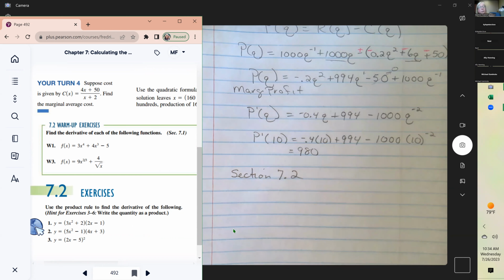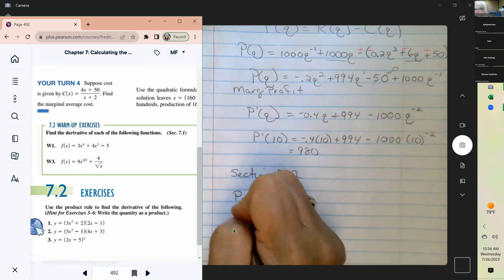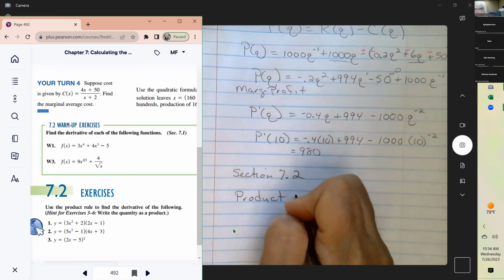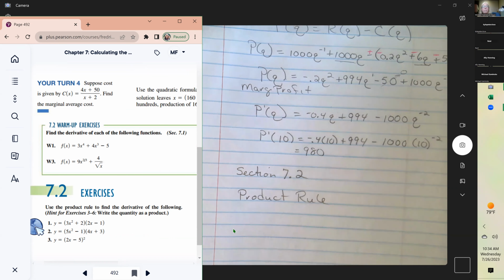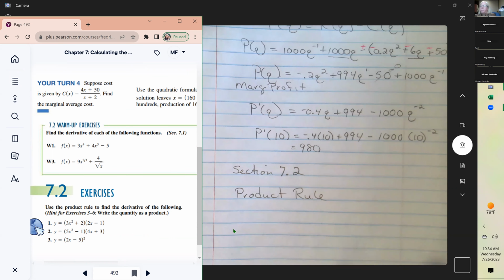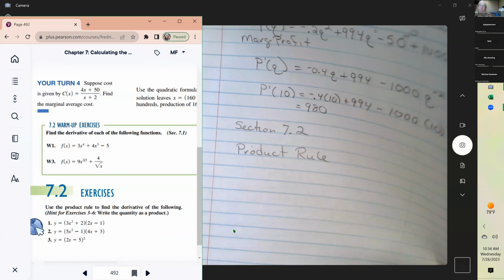Section 7.2 adds 2 more rules. One's a product rule, one's a quotient rule. Product rule is when 2 things are multiplied together.